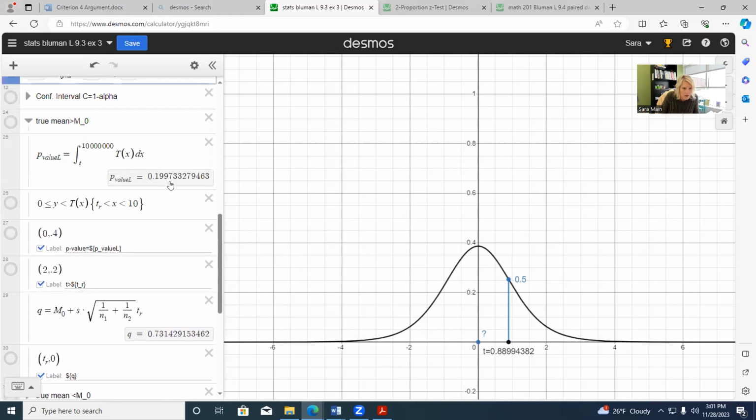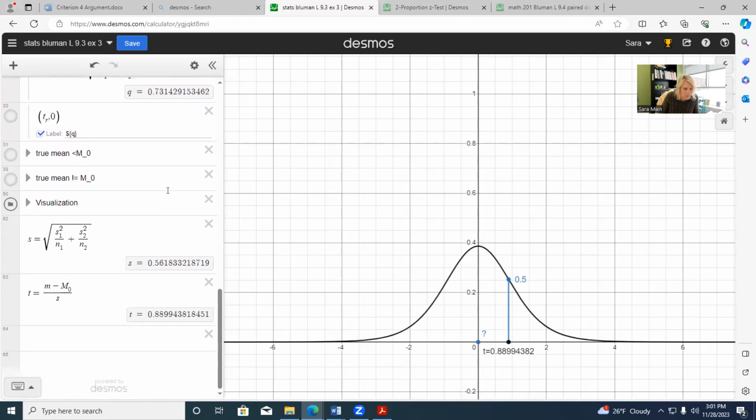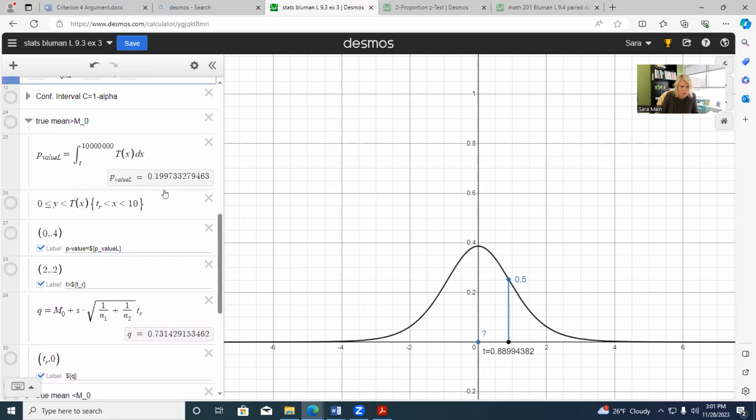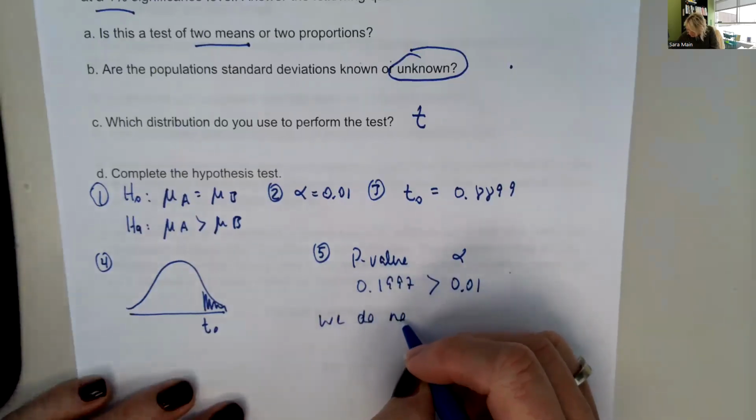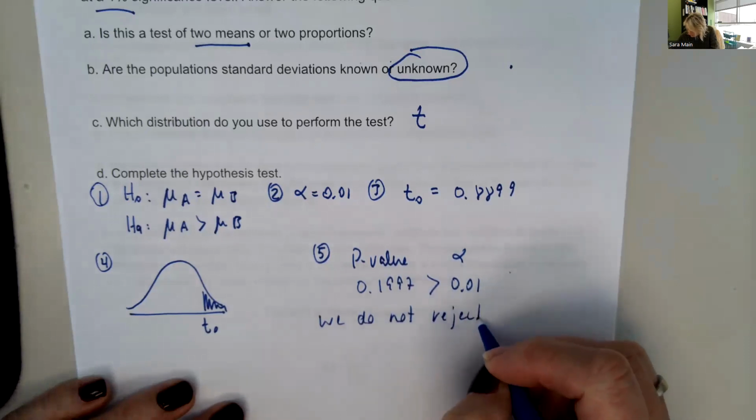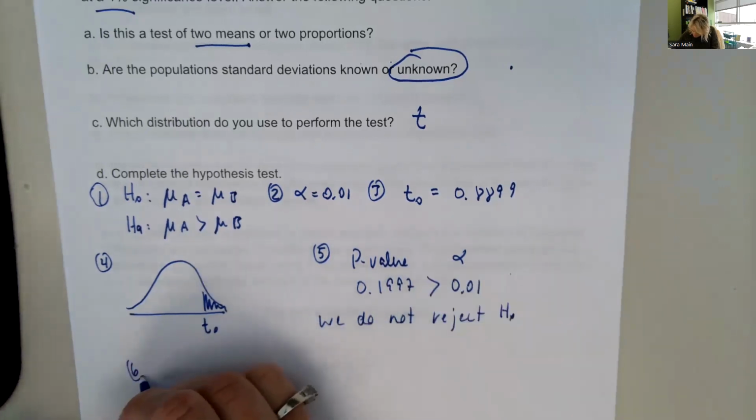And our p-value is quite large, 0.1997, which is definitely bigger than alpha. So once again, we do not reject H0.